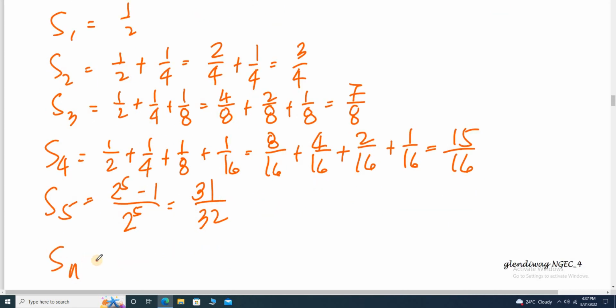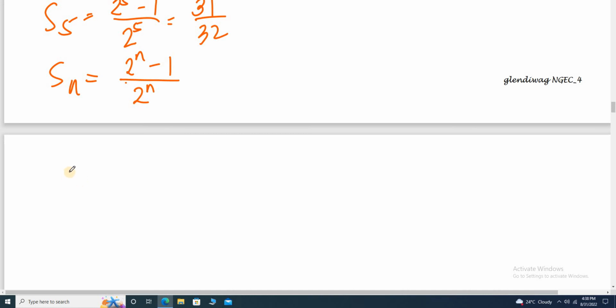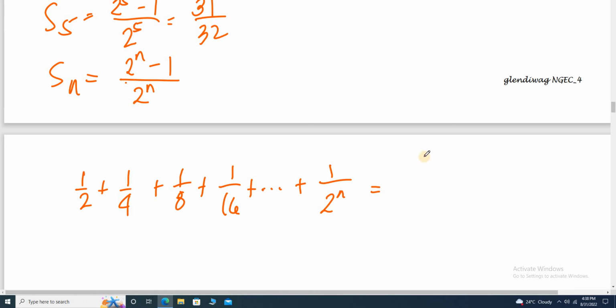My nth partial sum now, therefore, is 2 raised to n minus 1 over 2 raised to n. All right, so it's implying that if I add this paradox, I have 1/2 plus 1/4 plus 1/8 plus 1/16 plus my nth term 1/2 raised to n, the partial sum is equal now to this value, 2 raised to n minus 1 divided by 2 raised to n.